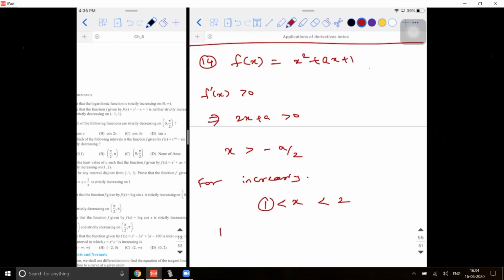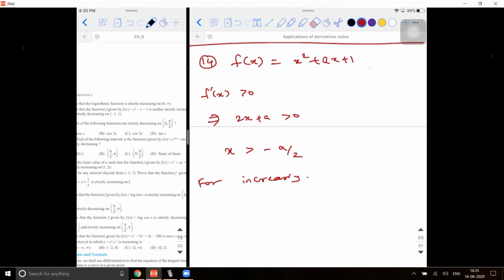So if I put 1 here, 1 should be greater than minus a by 2, which implies a should be less than minus 2. Wait, I will change it.